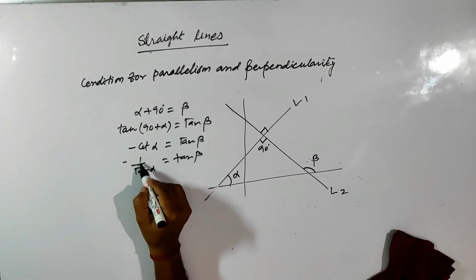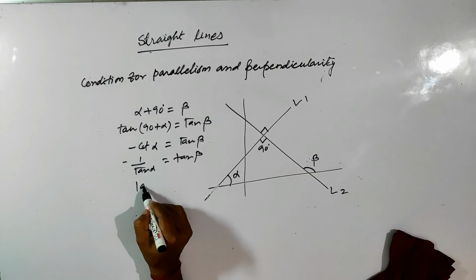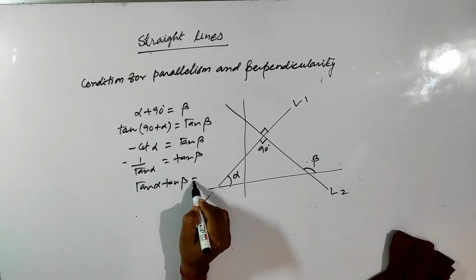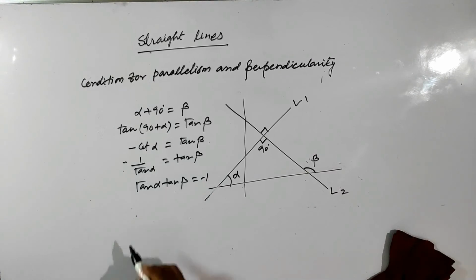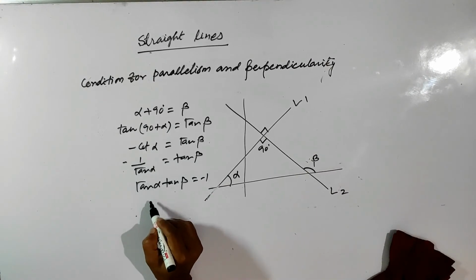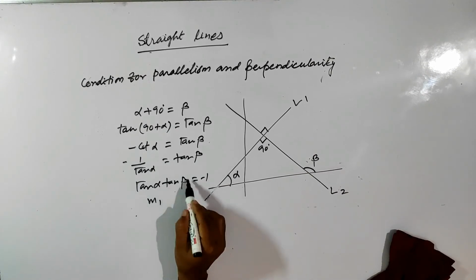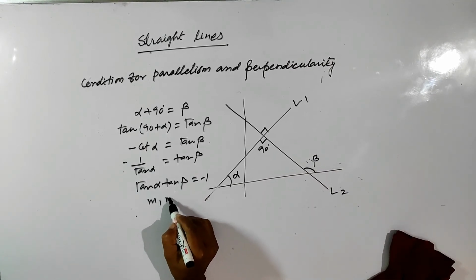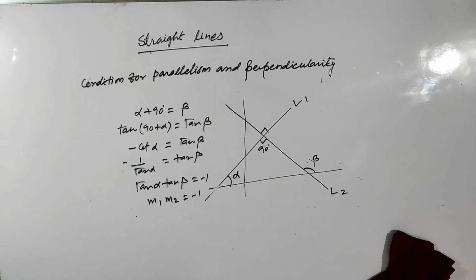So tan alpha into tan beta equals minus 1. If you consider the slope tan alpha as m1 and the slope of line L2, tan beta, as m2, then m1 times m2 is minus 1. It means if two lines are perpendicular, then the product of their slopes must be equal to minus 1.